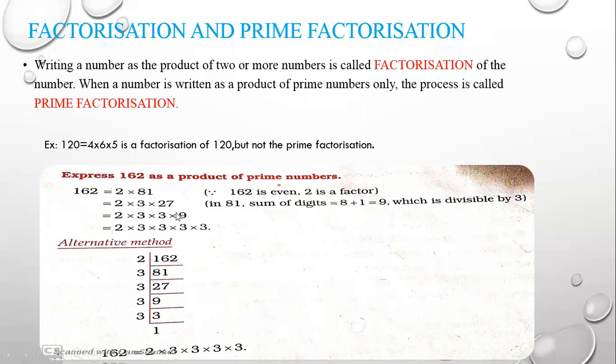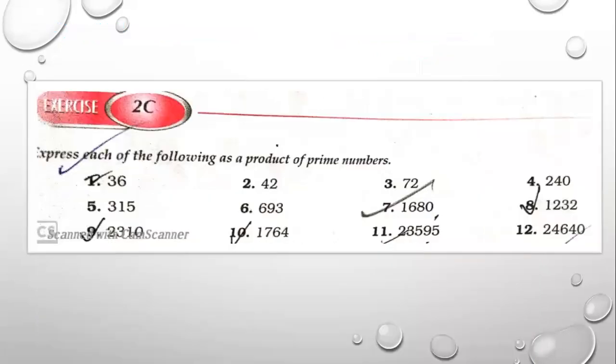Again for 9, you have to find the factor. You will get 3 into 3. So finally, the prime factorization of 162 is 2 into 3 into 3 into 3 into 3. So this is how we can find the prime factors of any given number. Next, this is the exercise based on the topic discussed.